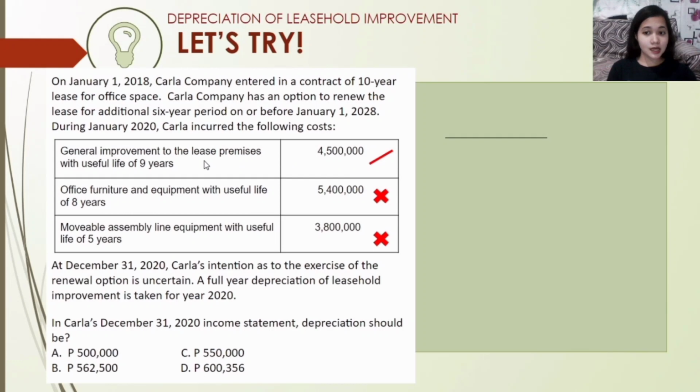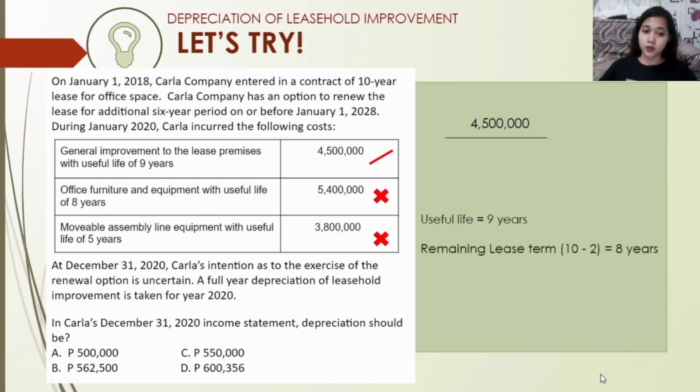So, dito, ang isasali lang natin at i-compute na depreciation is itong nauna, which is 4,500,000 over the useful life or remaining lease term, which is 8 years. So, paano ulit? 10 years for the lease term, less 2 years, kasi 2 years na yung nagdaan, January 2018 to 2020, bago siya nag-improve.